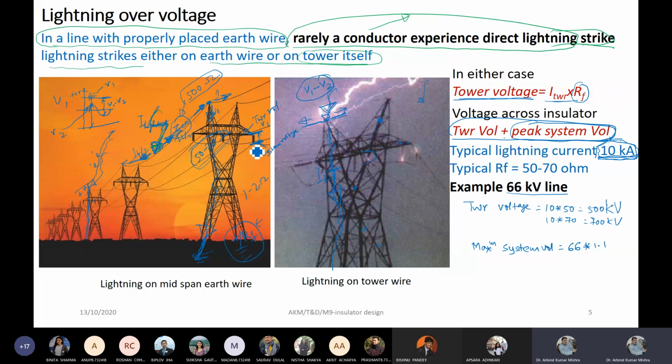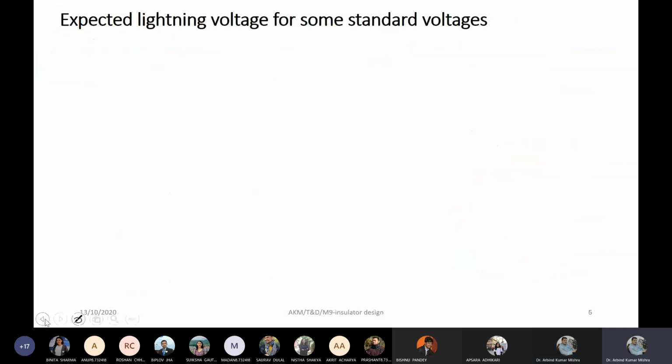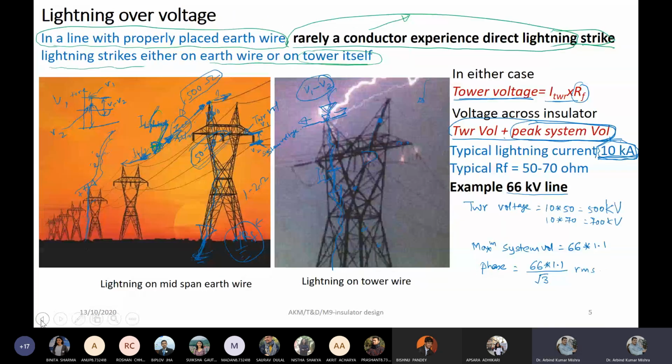So you first need to calculate the phase voltage. The phase voltage will be 66 times 1.1 divided by square root of 3. This voltage is the RMS phase voltage, so the peak voltage is this times root 2.